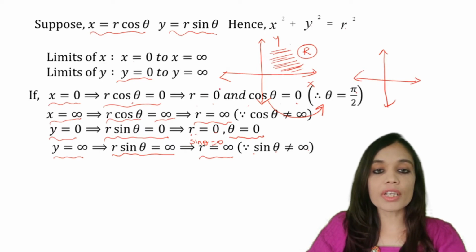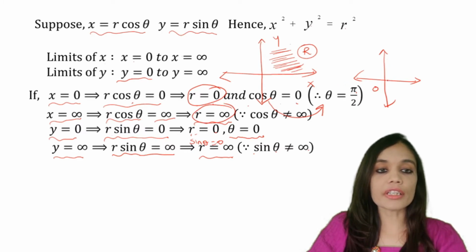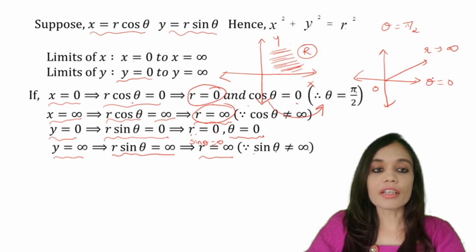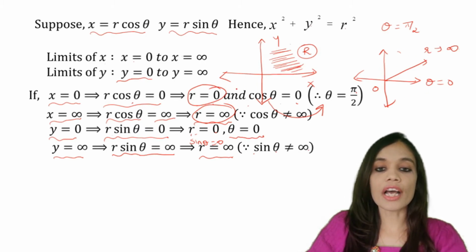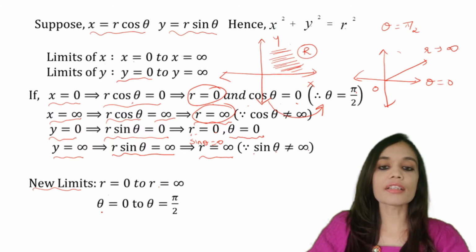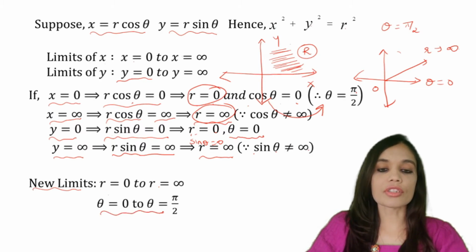Here you can see from the limit that r is varying from 0 to infinity, so r goes to infinity and theta is varying from 0 to pi by 2, right? So again, our region of integration is the first quadrant. So now let us write the new limits. So r is equal to 0 to infinity and the limits of theta are 0 to pi by 2, okay?